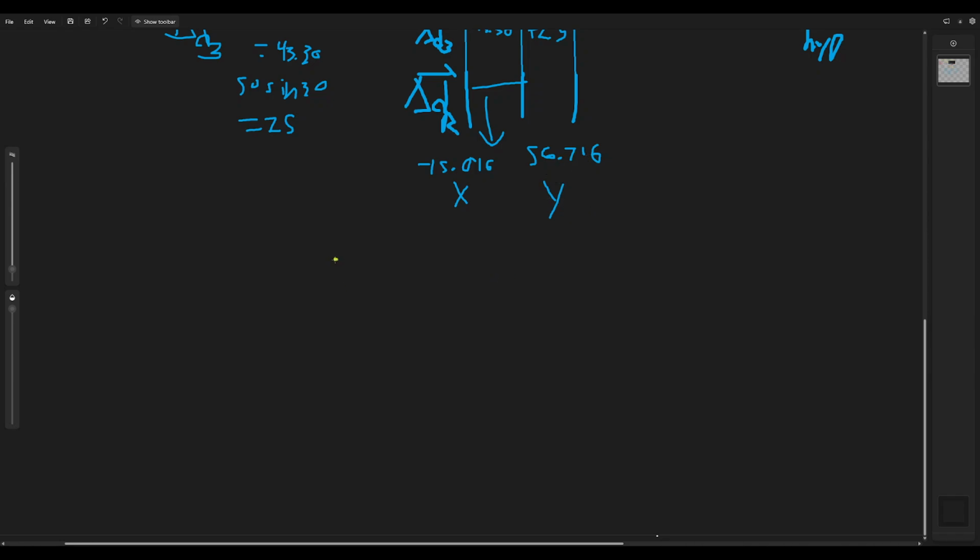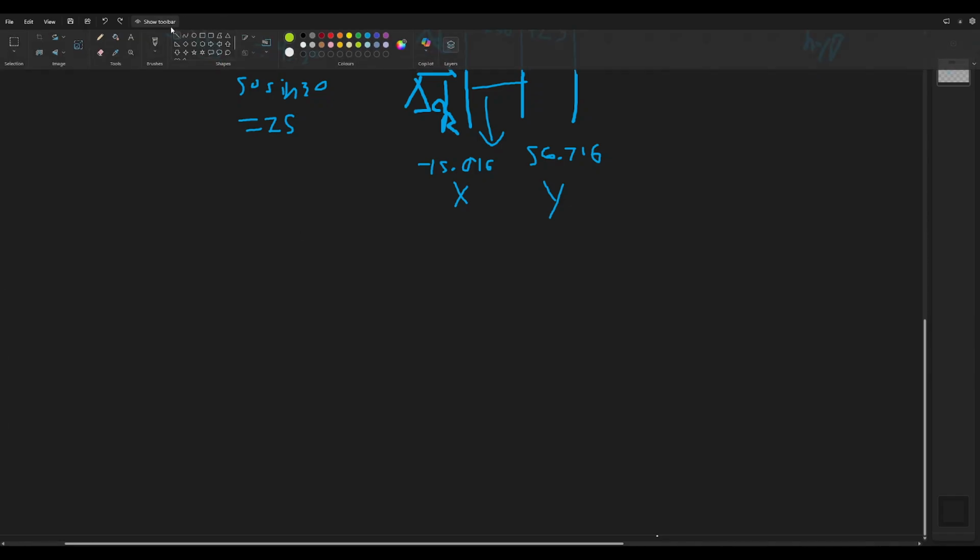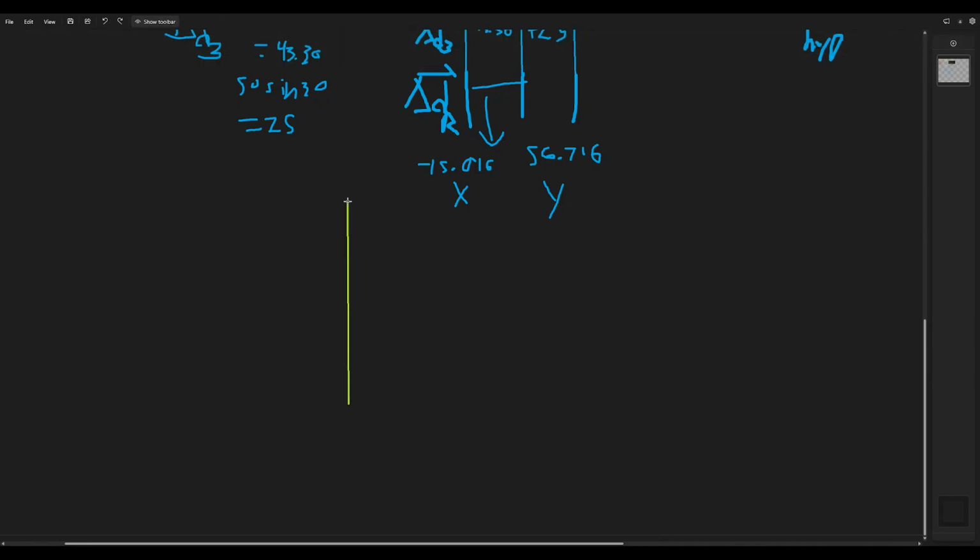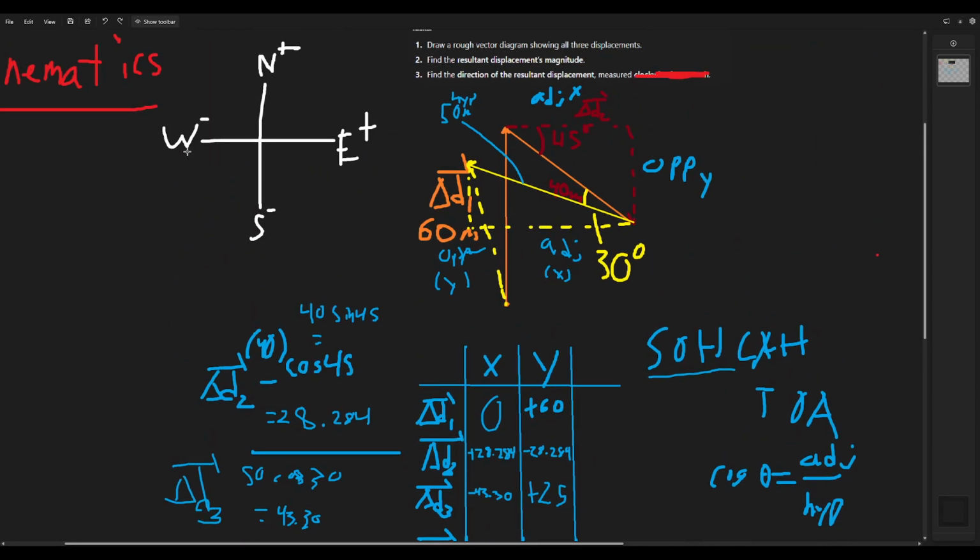So I'm going to go from my origin. This is our 56.716 y, and negative, which means west.